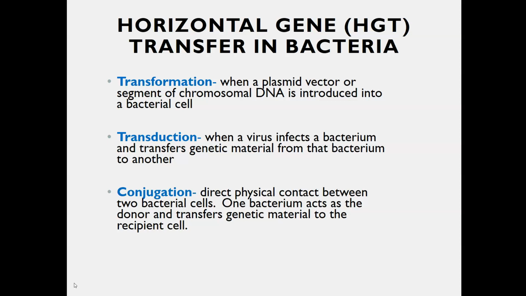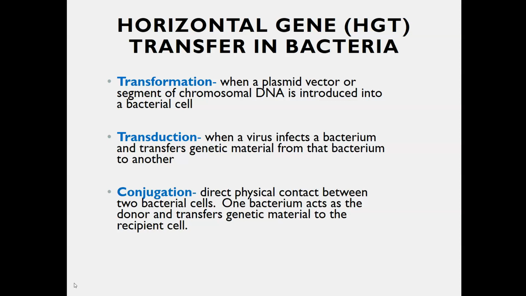The first is via transformation. So what's happening here is a bacteria dies and spews out its genetic contents into the surrounding area. And another bacteria can then slightly permeabilize their membrane and take up the other bacteria's genetic contents, and that oftentimes is either chromosomal DNA or something called plasmid DNA, which are just small circular pieces of DNA.